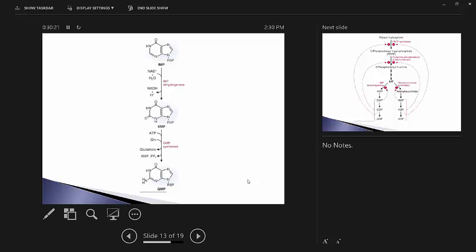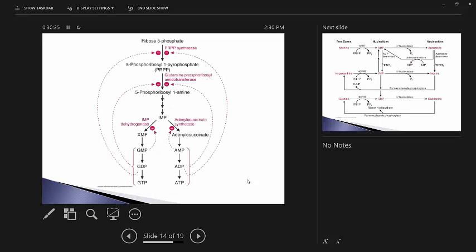So the synthesis of each of the compounds is really dependent on what else is going on in the other form. Okay, and we get GMP, which has an amino group there. And then okay, so this is kind of the control of the two pathways.